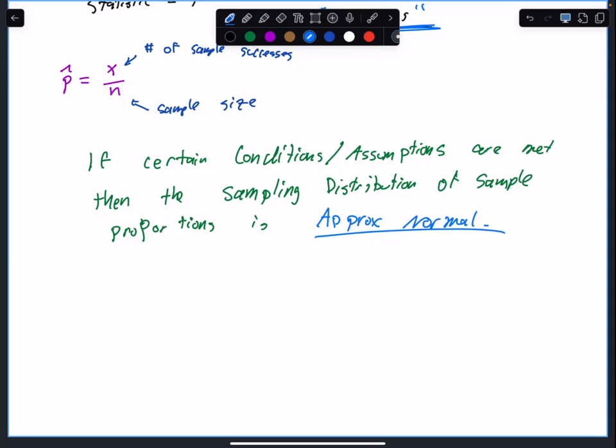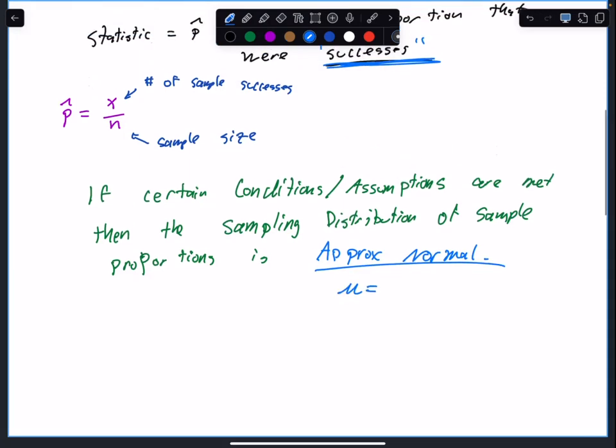And not only that, but the mean of the sampling distribution of sample proportions, I just say mean of p hat, I use that as a subscript, is equal to p, the true proportion, whatever the actual proportion is. On average, I should expect to get the true population proportion.